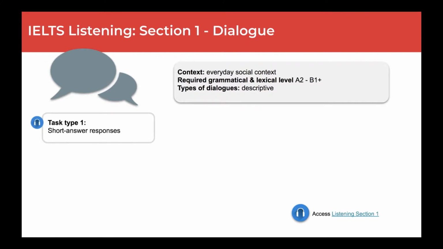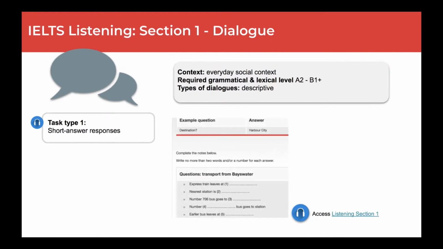So the task types vary, and some of the more popular ones are short answer responses. And here you can see an example where you are given the leads and you need to finish the sentences with appropriate factual information from the dialogue. The second type is table completion or completion of notes.